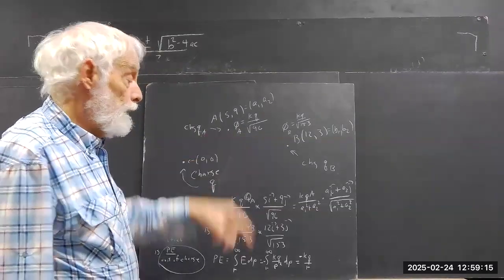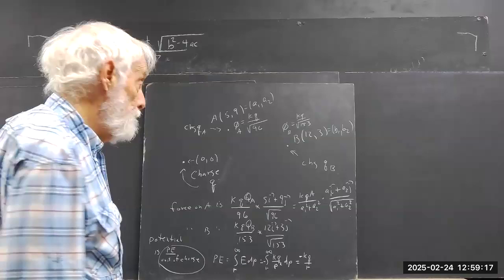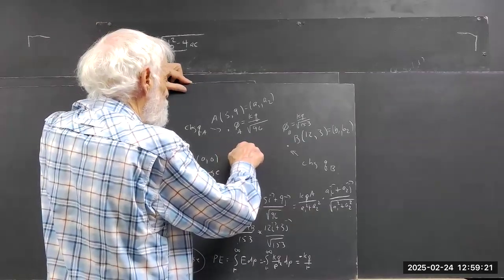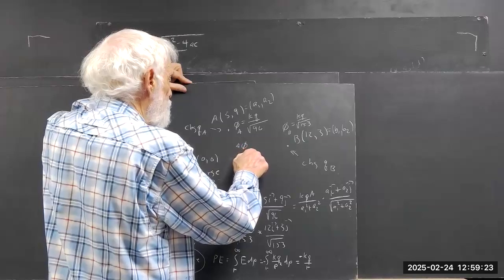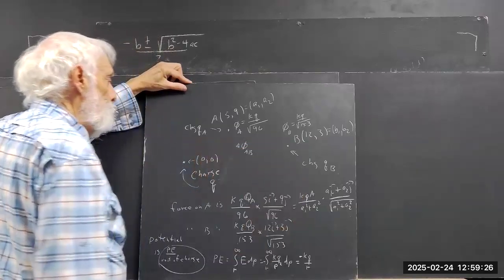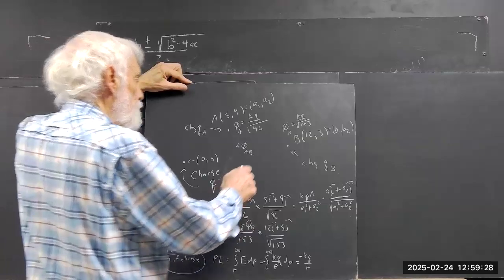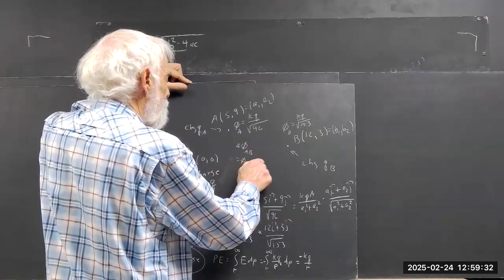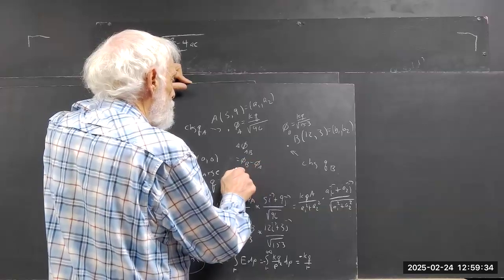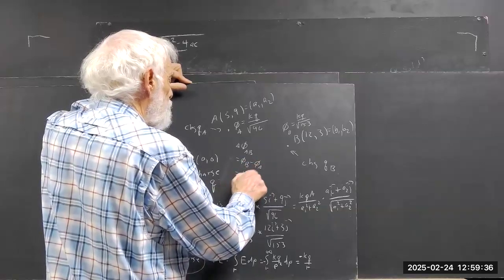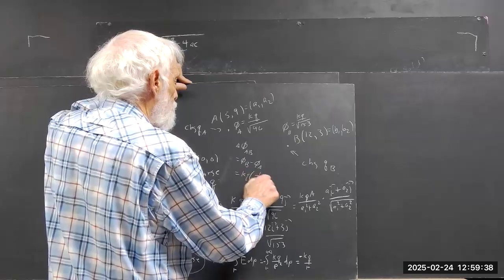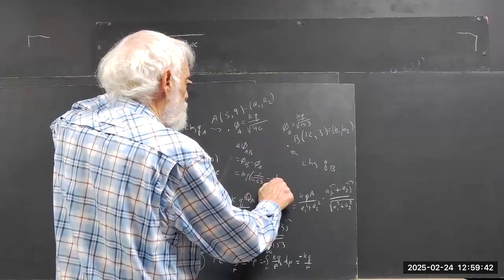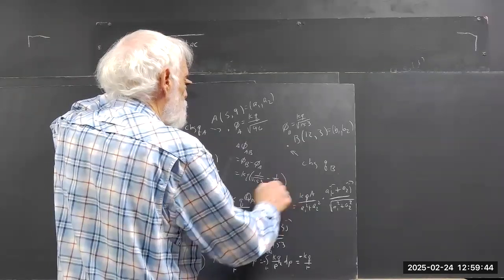Well, it will be phi B minus phi A, right? A to B, the change in phi is just to use these numbers.